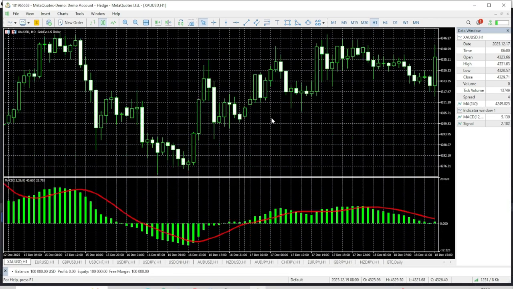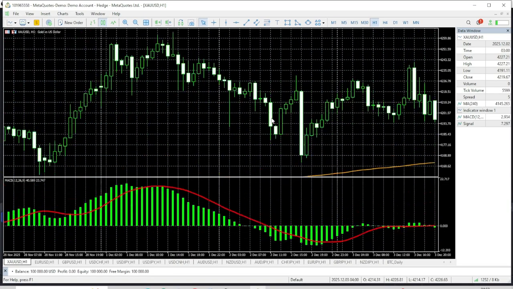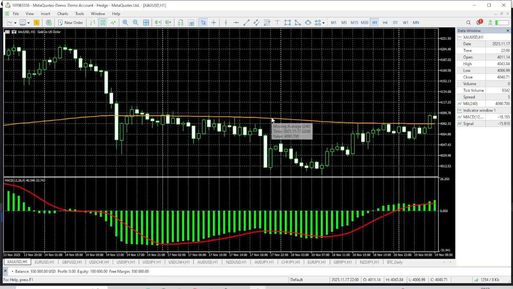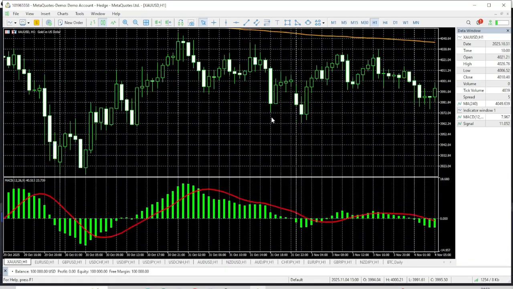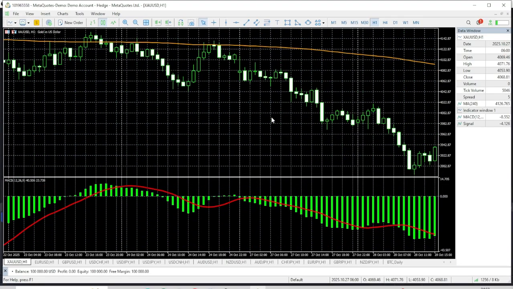If I'm going to check quickly for downtrends, we are still going to enjoy the same move. At this point, we have 1, 2, 3, 4 candlesticks formed below the EMA 240, and then that is at this point.